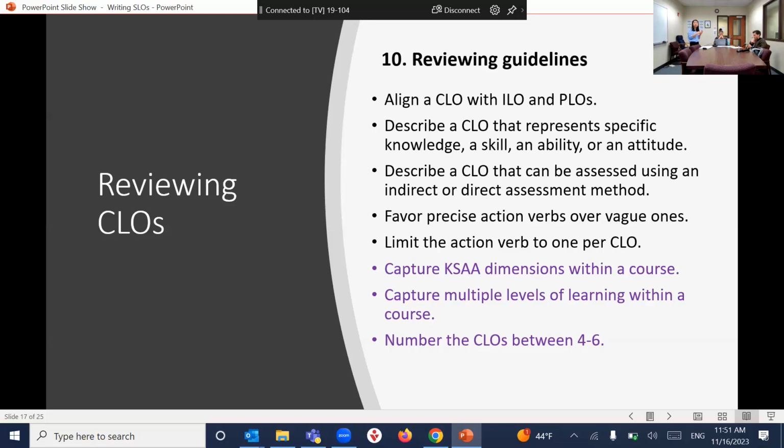Fewer than 4 or more than 6 are not acceptable at Clover Park, unless that is required by the accreditation agency. They may want very clearly stated course learning outcomes, like more than 10, more than 12. Okay, then we just have to go for it.